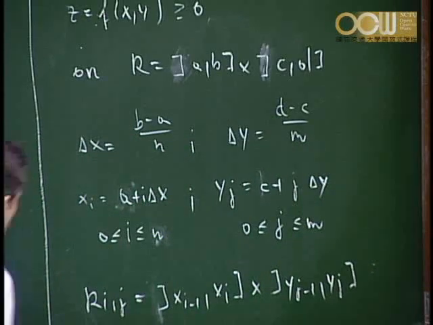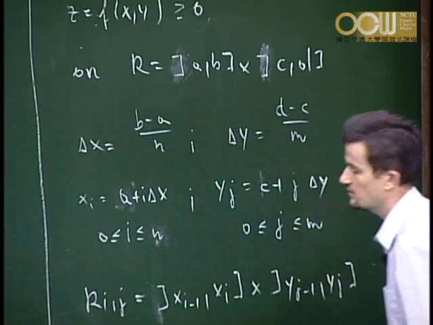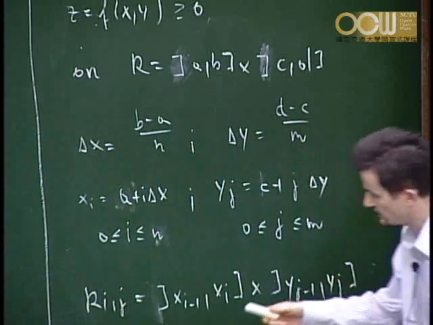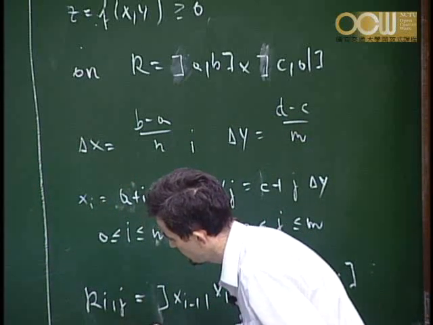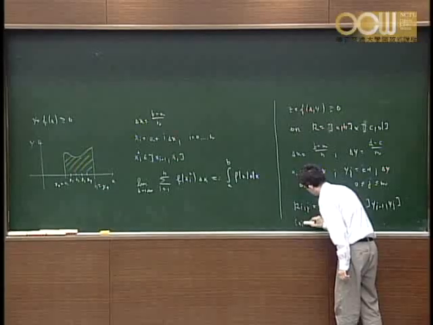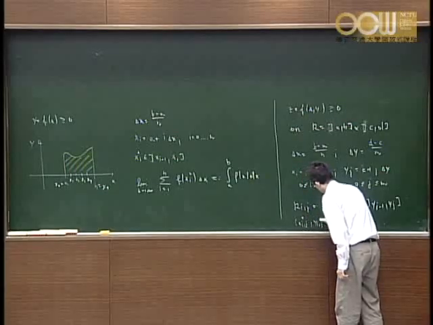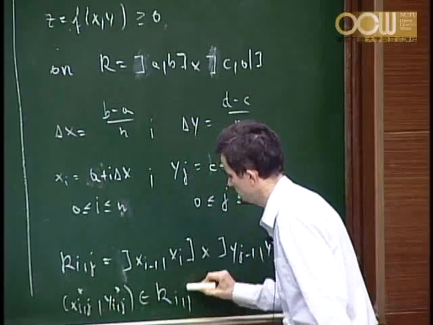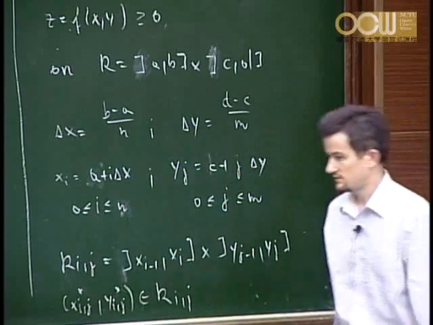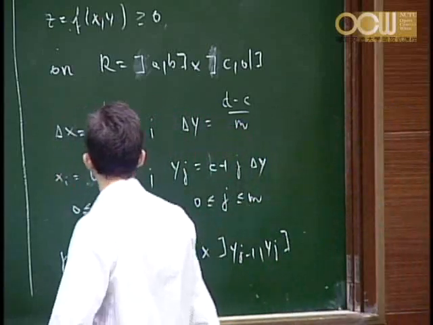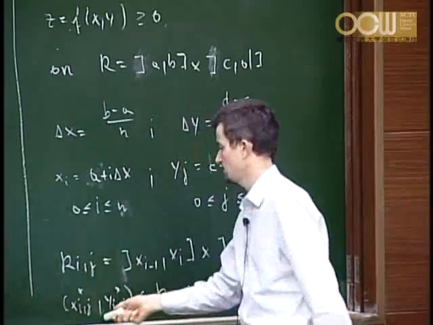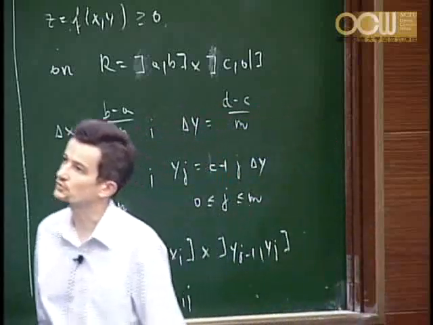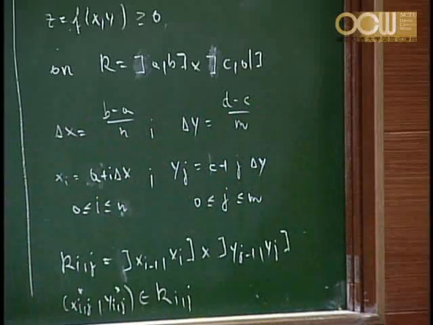Now we pick a sample point inside this rectangle. Now we have two coordinates, so (x_ij bar, y_ij bar) inside this rectangle. And we evaluate the function f at this sample point. This will give you a certain height.